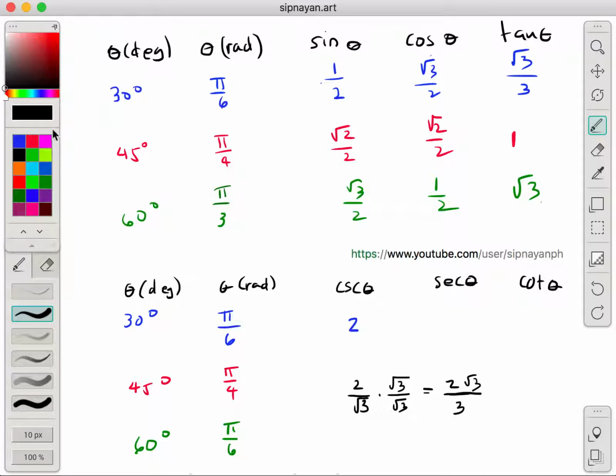So this becomes 2 square root of 3 over 3.